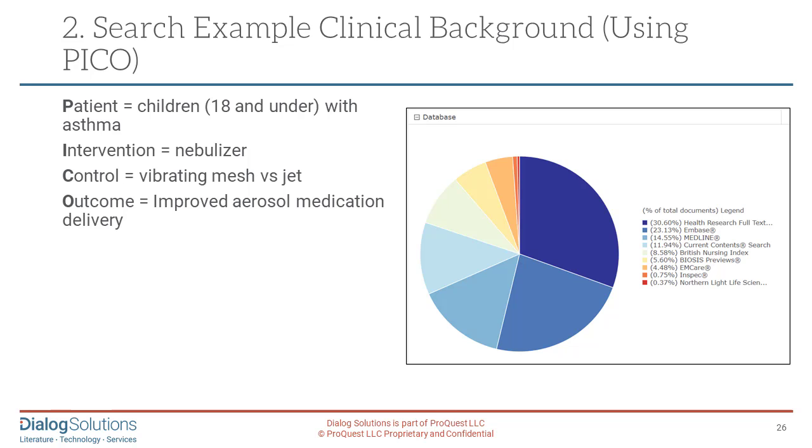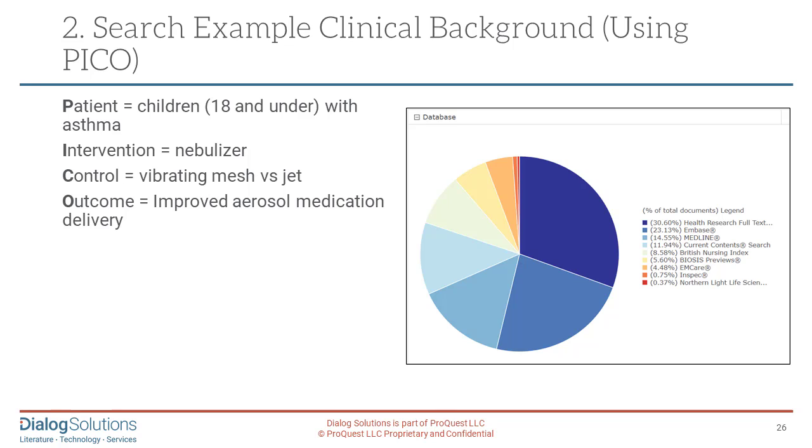And so we wanted to look at children 18 and under using nebulizers. So the patients were the children 18 and under. The intervention was the use of a nebulizer. The control was looking at using a vibrating mesh versus a jet. And the outcome we were looking for was if there was an improved aerosol medication delivery.